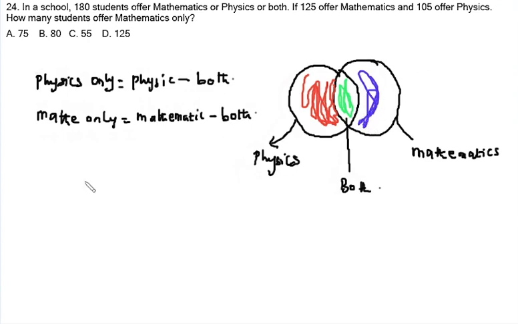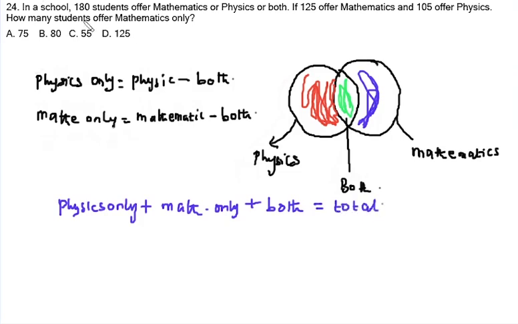So we have a formula of, say, physics only plus math only plus both is equal to total.